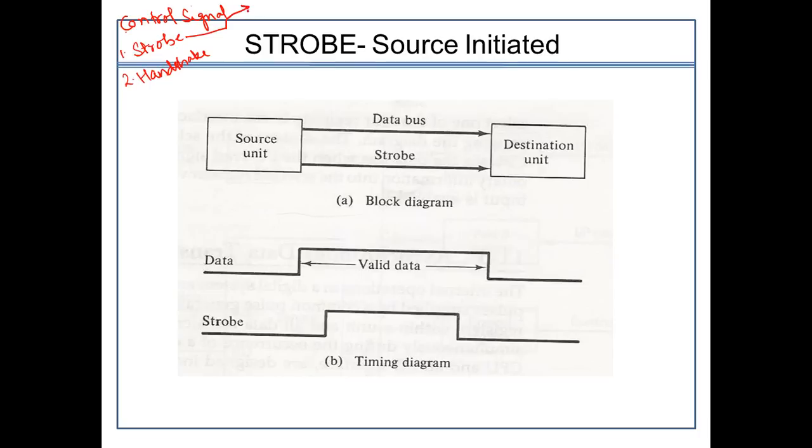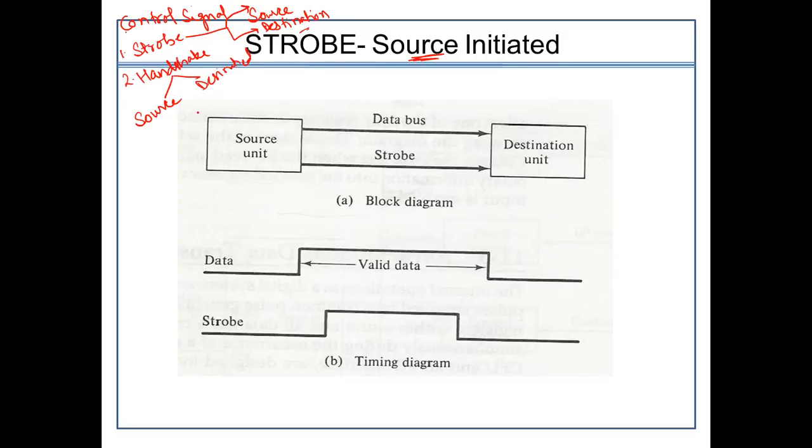Strobe can be initiated from the source end as well as from the destination end. We will learn both ways, how the strobe initiated from the source side will work and how the one initiated from the destination side will work. Similarly, handshaking can also be source initiated as well as destination initiated.